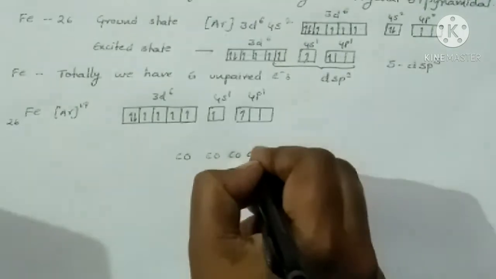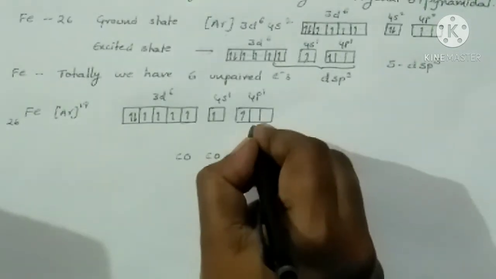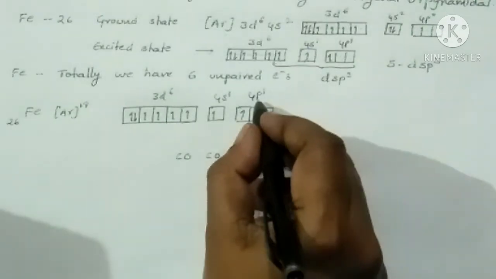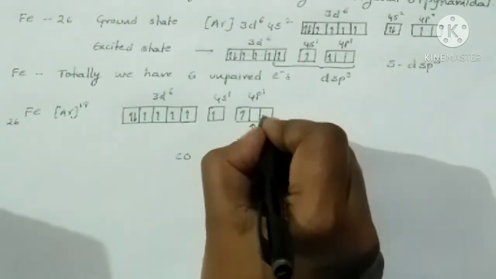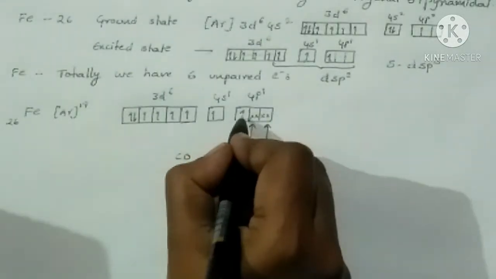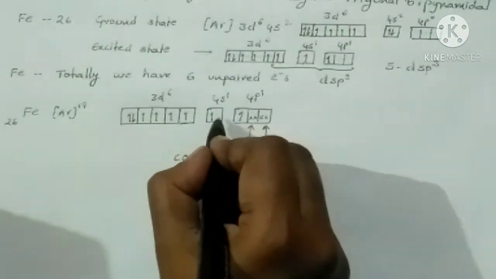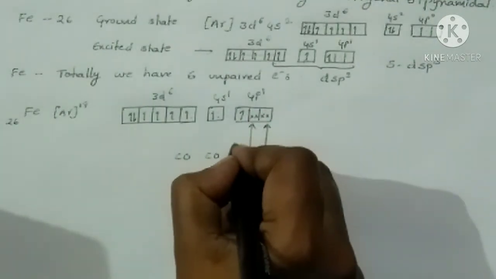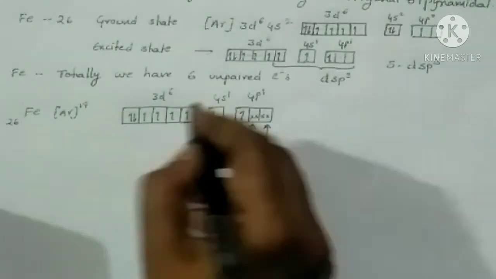So these 2 carbonyl groups donate an electron pair to these empty or vacant orbitals from 4p and form a dative bond.